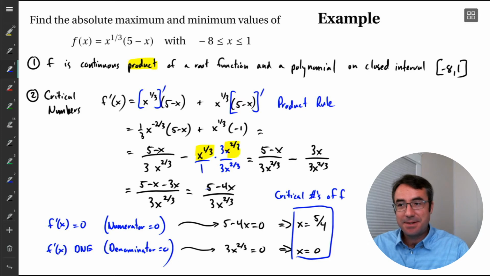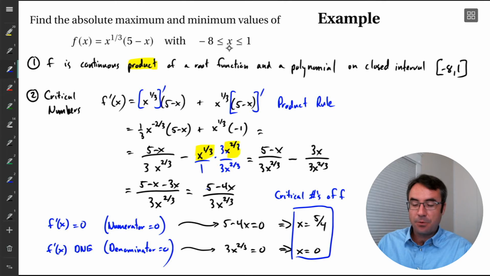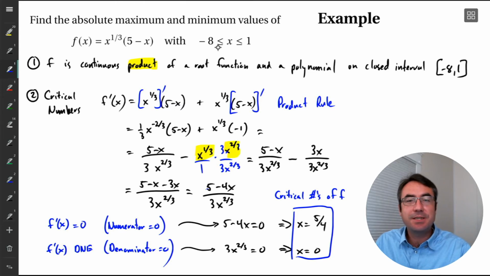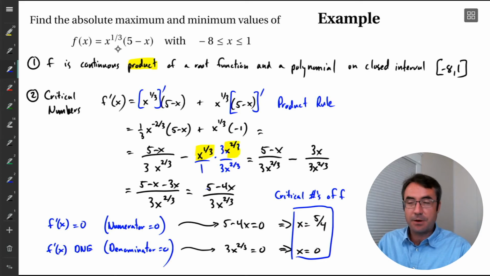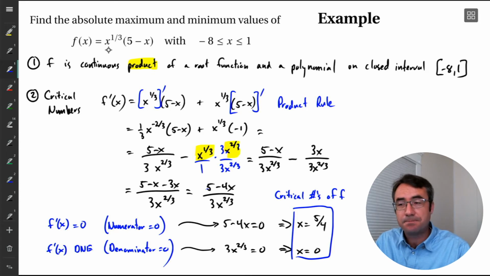But we want to keep in the back of our mind, we're talking about our function just on this closed interval. If we didn't have this closed interval in mind, then yeah, x equals 5 over 4 and x equals 0 are both critical numbers for our function. First of all, our function is defined at both of those numbers. But for the purposes of this problem, we're only interested in the x values between -8 and 1.